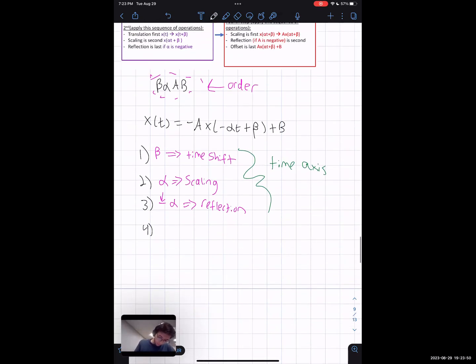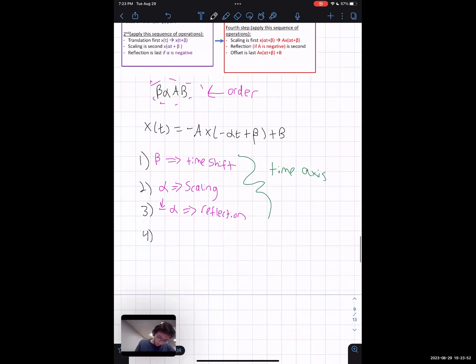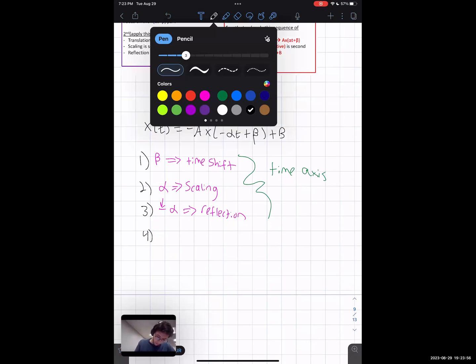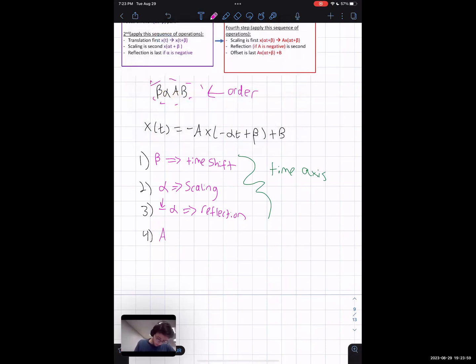So now we'll do scaling. Now we will do alpha, or excuse me, A. So now we're into actual regular letters. Amplitude scaling.